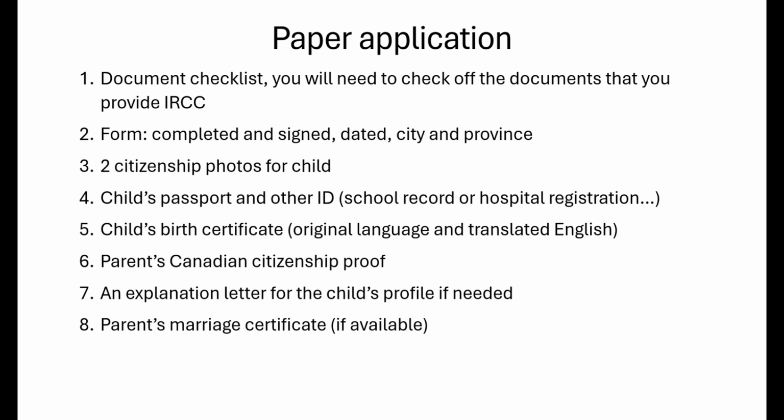Okay. Number 8, that is the parent's marriage certificate if available, and if you have it, then you can provide that marriage certificate as well. Number 9, that is a receipt of $75, and you will need to pay online with the IRCC fee payment, and then you generate the receipt and print it out and include it in the application. Okay, and here are the addresses that you can send it to the IRCC, the proof.